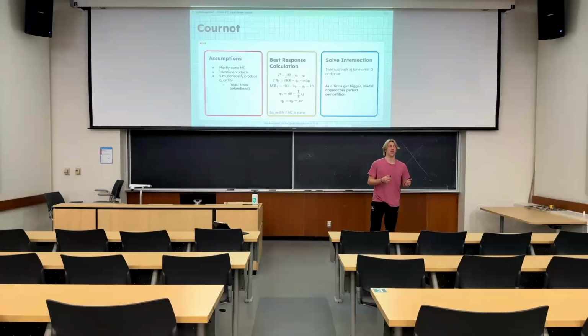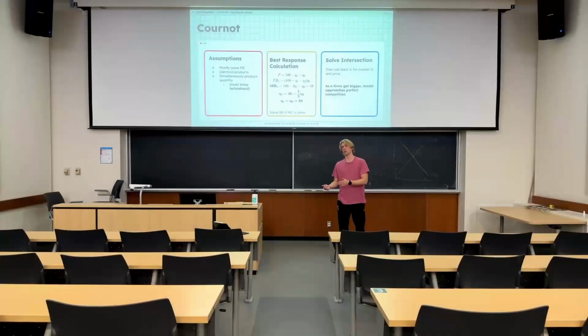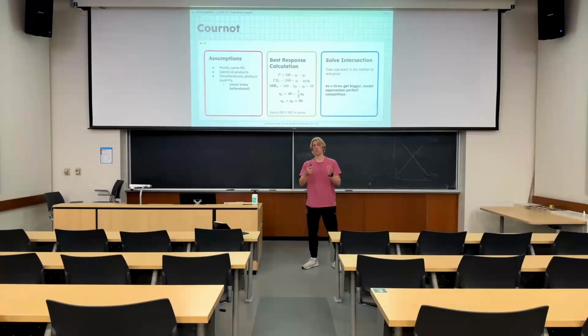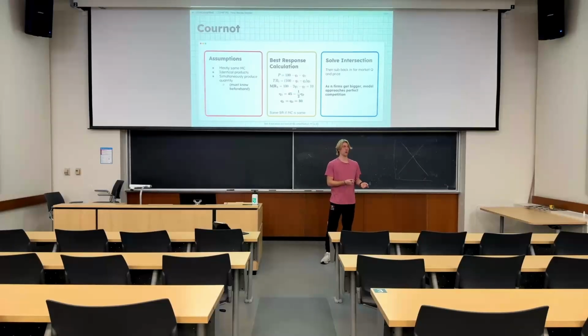Once you get that, you differentiate with respect to that firm's quantity, and that'll give you the marginal revenue for that firm. Then you set that equal to your marginal cost to find the best response function for that firm. Once you have that, if they have the same marginal cost, you know that it's identical, which means that Q1 will equal Q2, and you can sub that into the equation to solve for your Q1 quantity.